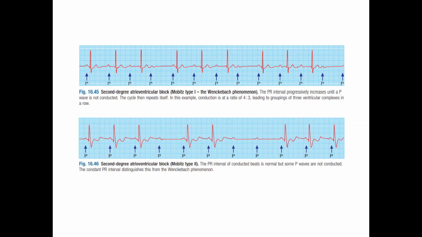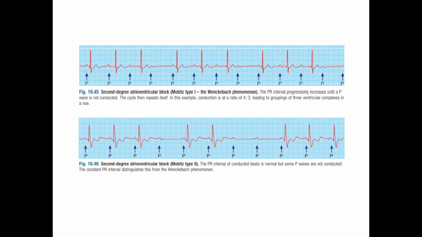Here you see the PR interval prolongs until a P wave is not conducted. See, here there is P wave, QRS complex, PQRS, PQRS. So there is increased distance, and see here there is no QRS after the P. So there is progressive prolongation of the PR interval until the P wave is not conducted.